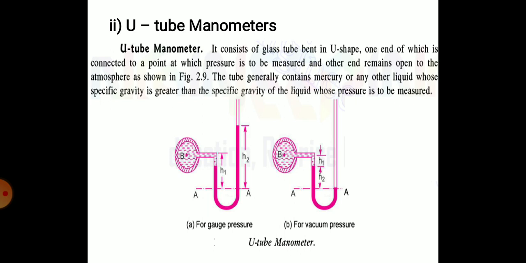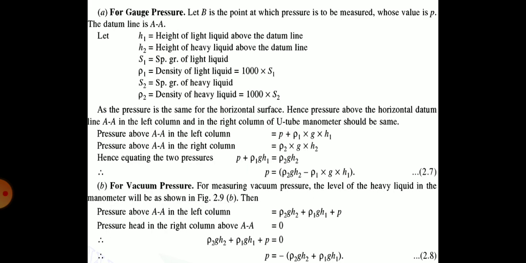Here there is no pressure head in the right column, hence it is equal to 0. Therefore, ρ2 g H2 plus ρ1 g H1 plus P is equal to 0, and the value of pressure can be determined from this, which will be equal to negative of ρ2 g H2 plus ρ1 g H1. This is negative value, that is vacuum.